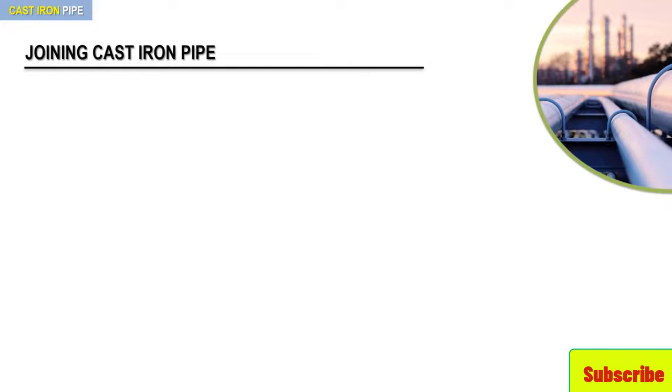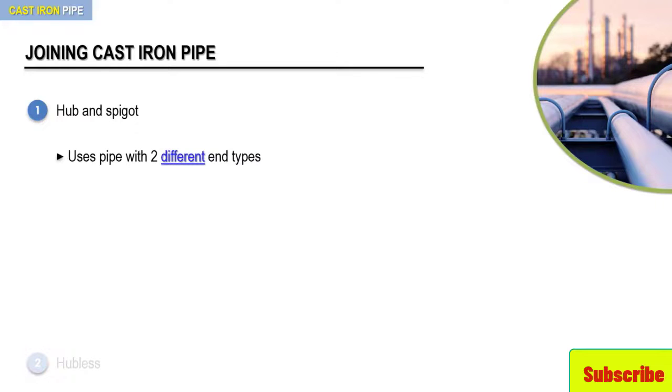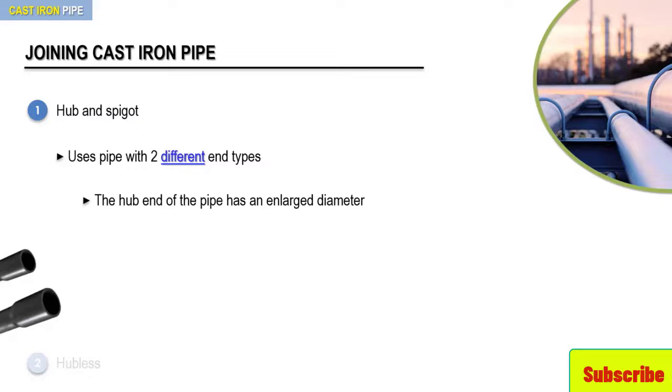Cast iron pipe is grouped into two basic categories. These are hub and spigot and hubless. The hub and spigot joint uses pipe with two different end types. The hub end of the pipe has an enlarged diameter, thus resembling a bell.